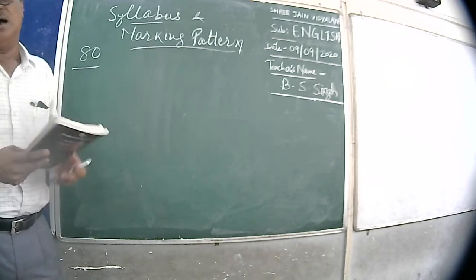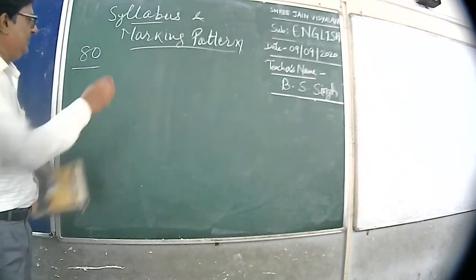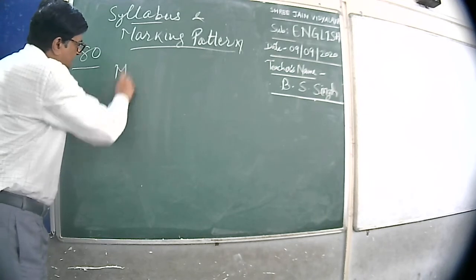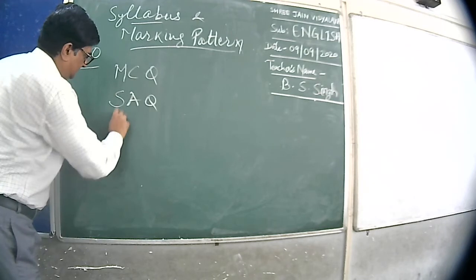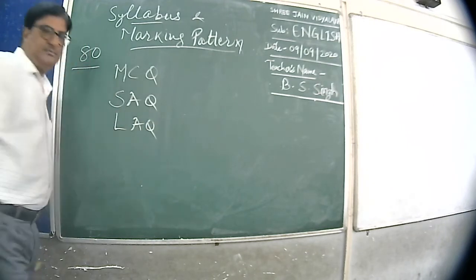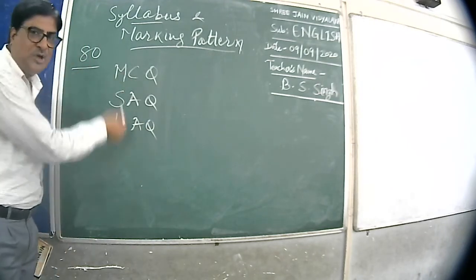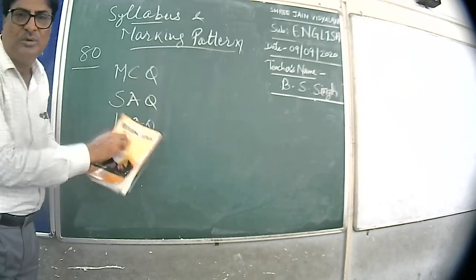Now, look at the marking pattern. There will be 3 types of questions from this book, Mind Escapes.